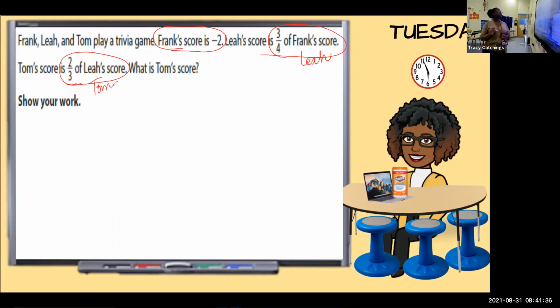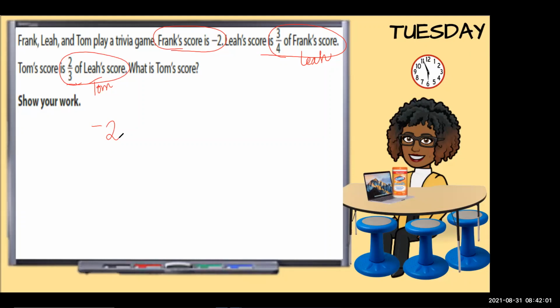Right now, who is the only one we have a score for? Frank. Can we find Leah or can we find Tom from Frank's score? Leah. Good job.